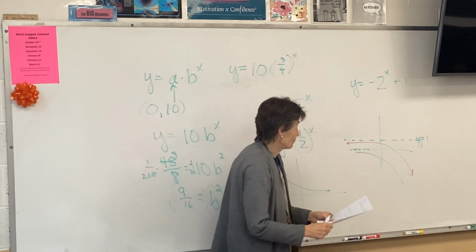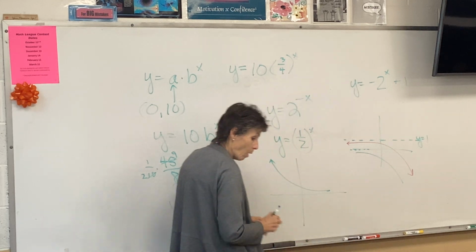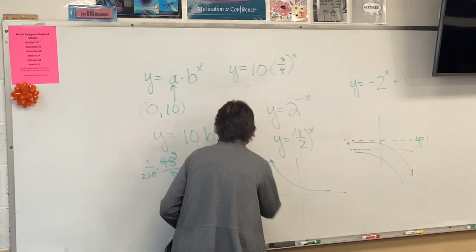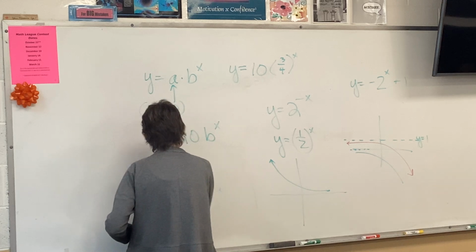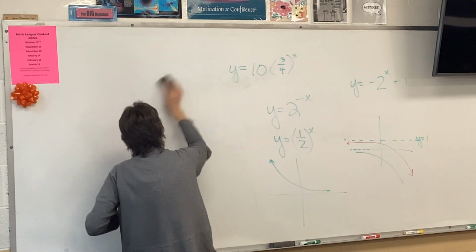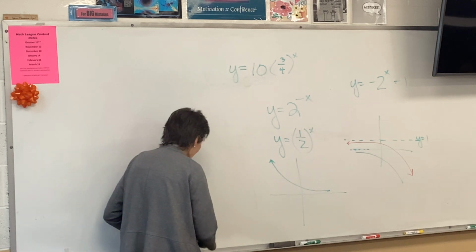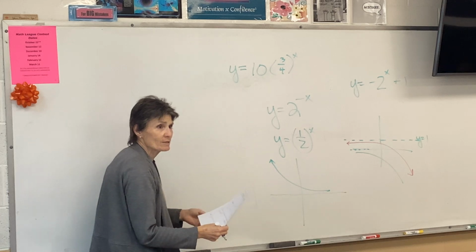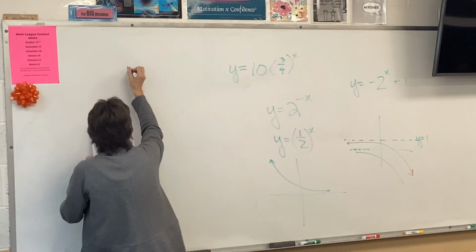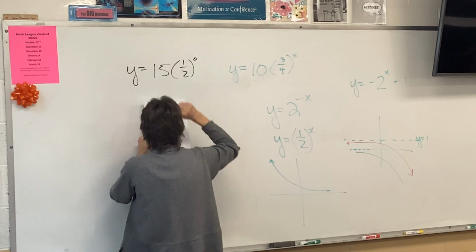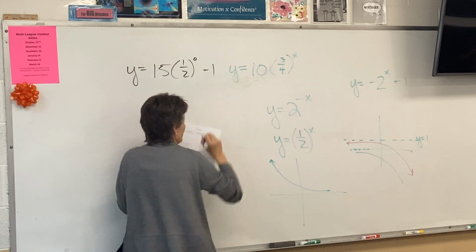All right, number 3. Find the y-intercept and horizontal asymptote. This is easy. How do you find a y-intercept no matter what the equation is? You let x be 0. So I've got 1/2 to the 0 minus 1.